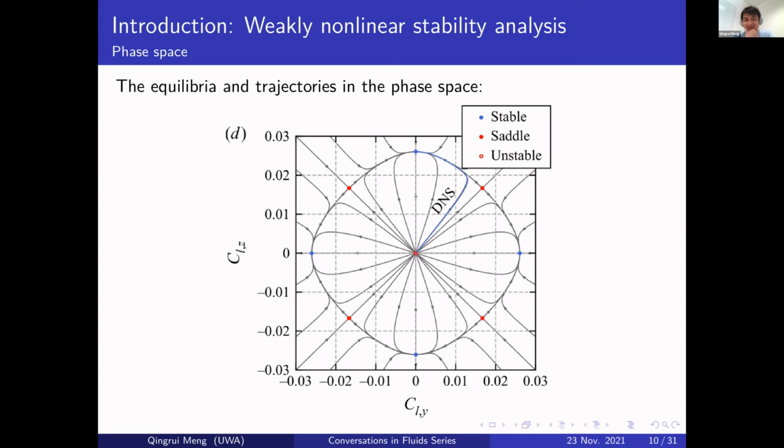When we obtained this result, we felt that it was amazing, and the agreement between the DNS and the model is very good. So we started to consider such a question: what on earth is the transitional mechanism for the regular bifurcation?